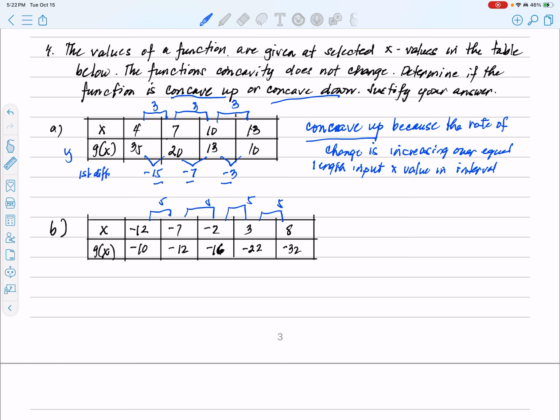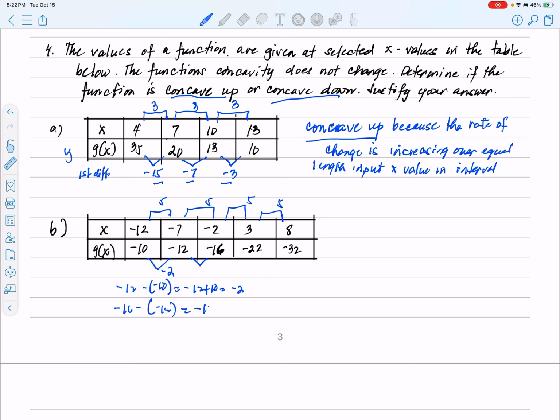Then let's look at the difference. So the difference is negative 12 minus negative 10. You have negative 12 plus 10. You have a negative 2. Do the same thing. Negative 16 minus negative 12.